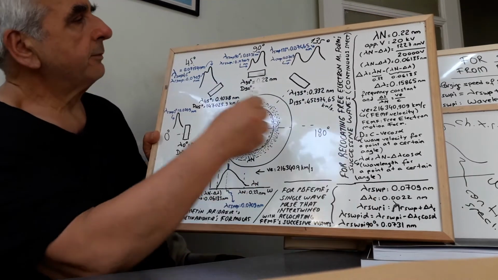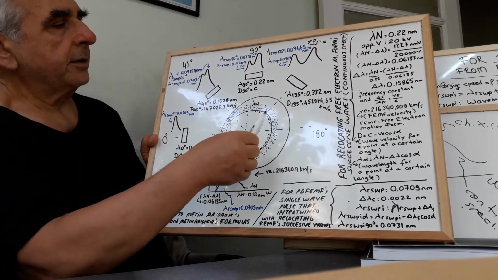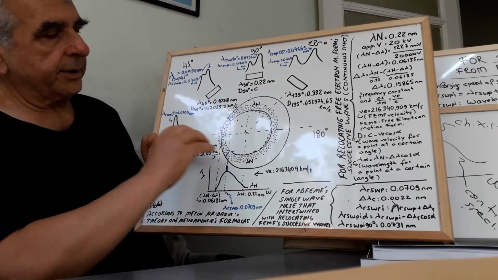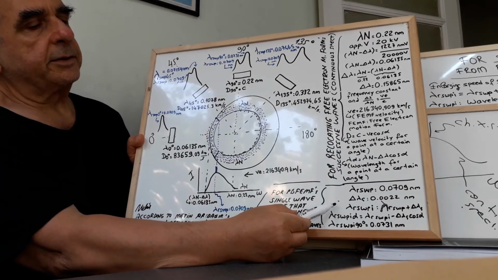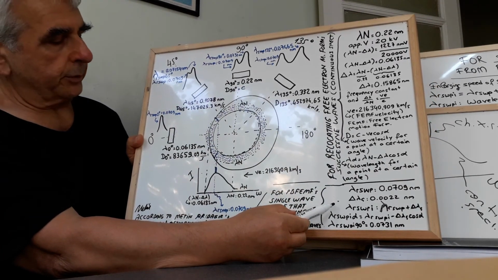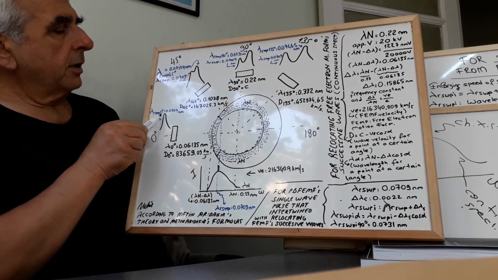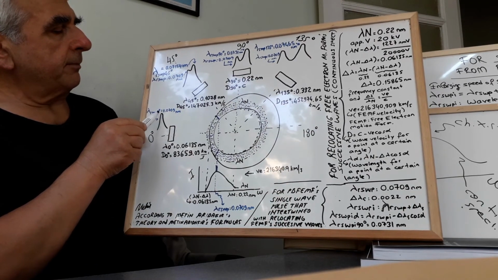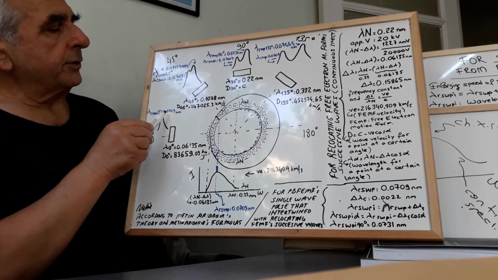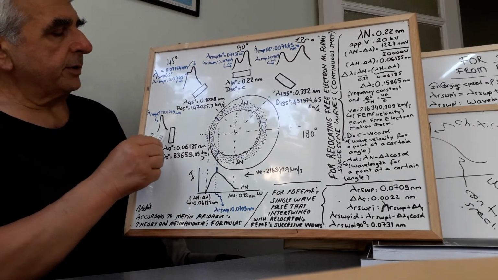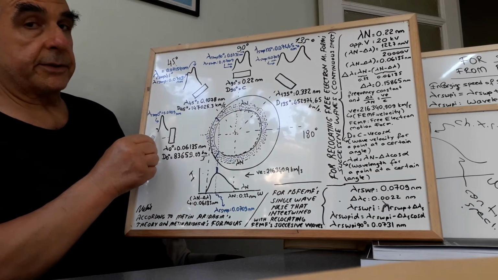Then, for, say, 0 degree, if we apply this formula that I put forth, we get only 0.0709 nanometer, this single wave pulse.